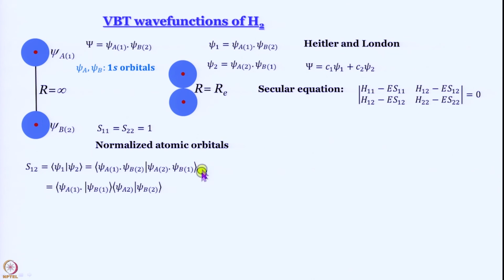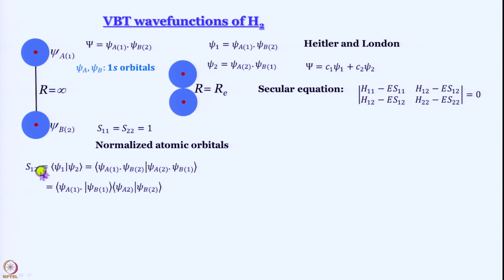This again factorizes into an integral in electron number 1, integral in electron number 2, psi a1 psi b1 multiplied by psi a2 psi b2. Okay. Now, what is the meaning of psi a1? Psi a1 essentially means electron number 1 in the 1s orbital of atom A.